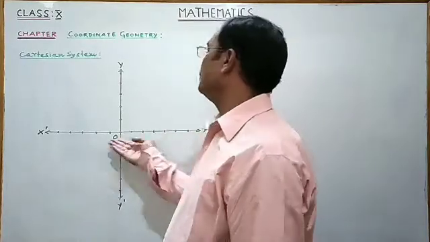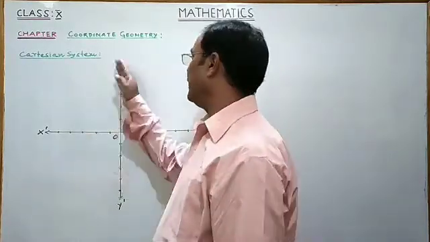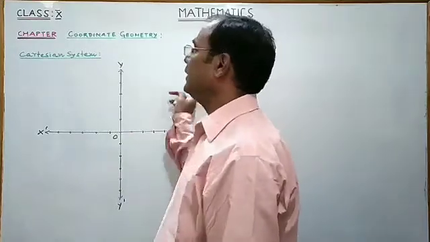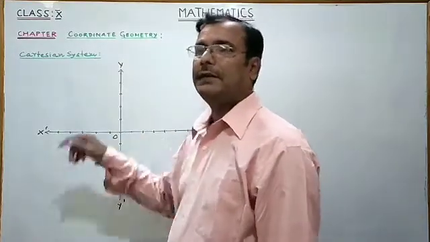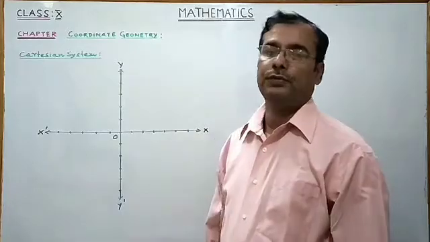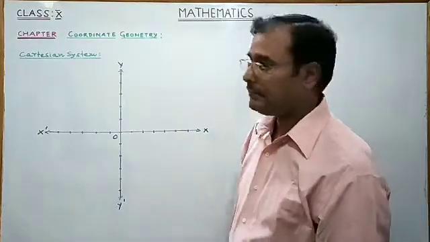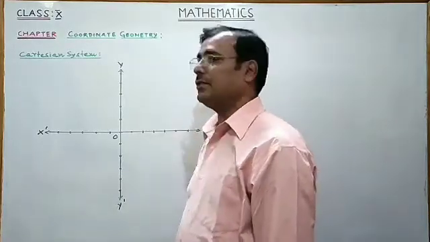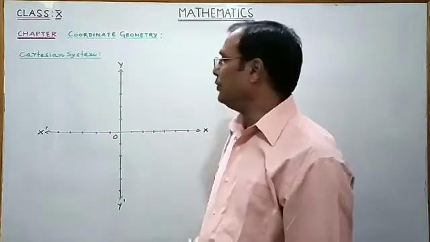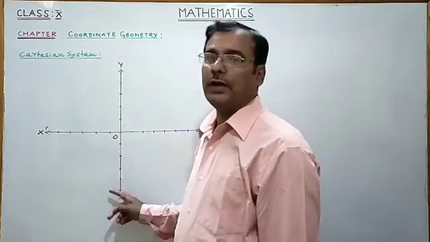So by these two lines, this entire Cartesian plane is divided into 4 equal parts, and each part is called a quadrant. So here there are 4 quadrants.